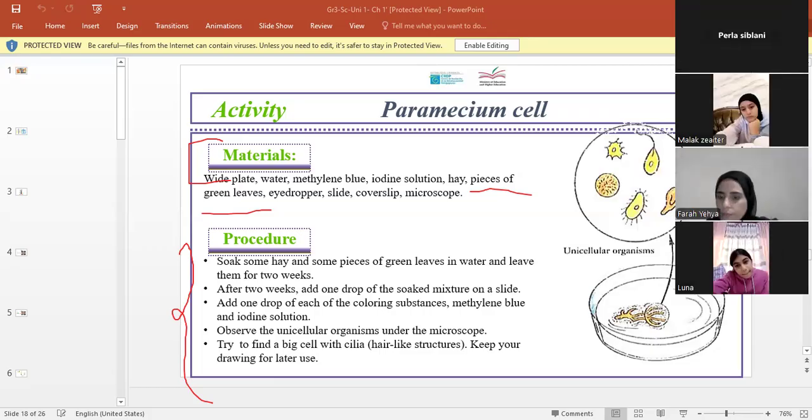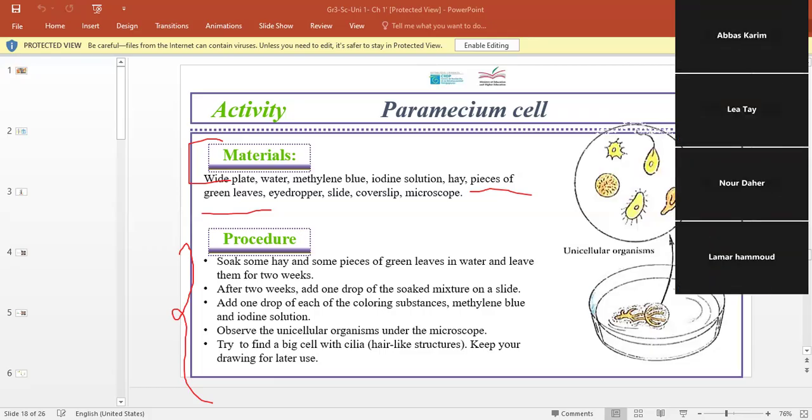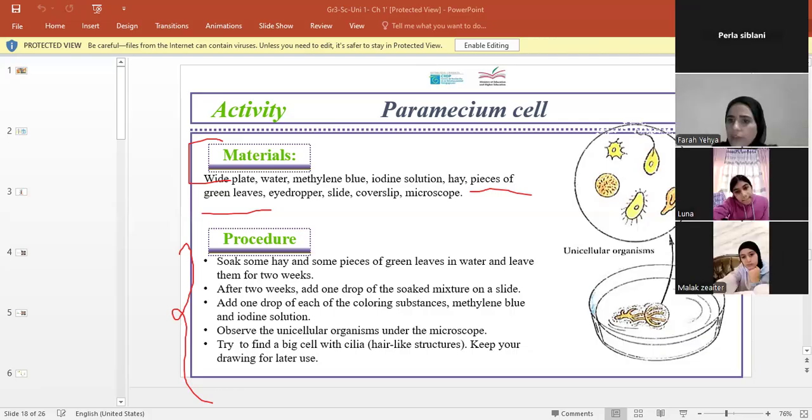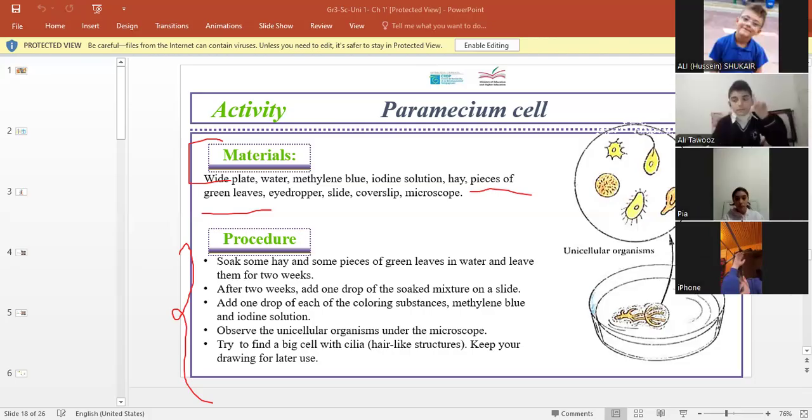No, Miss. Can you say the question? Why do we have to take drops from the jar? What is the objective of that? We have to take some drops from the surface of the jar. Why do we have to take these drops?